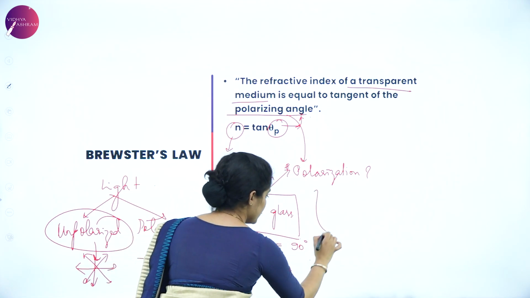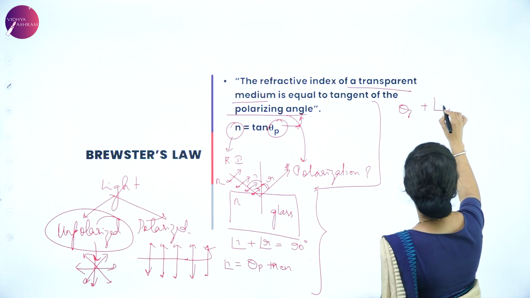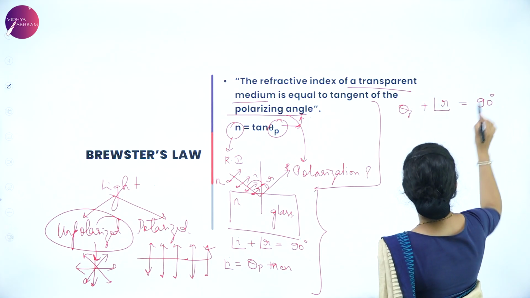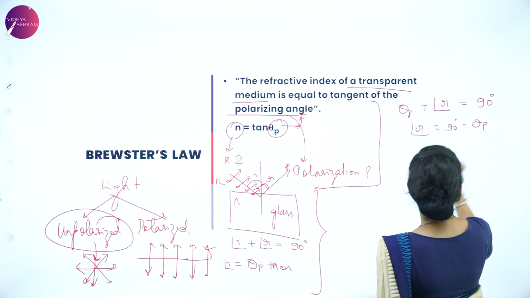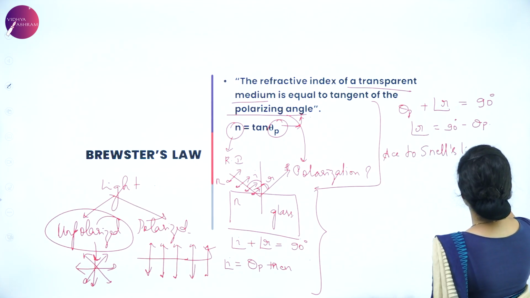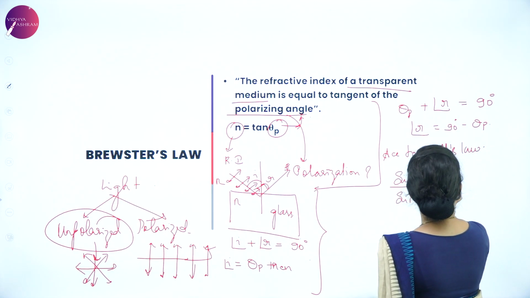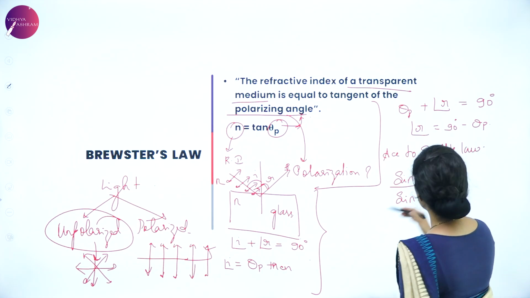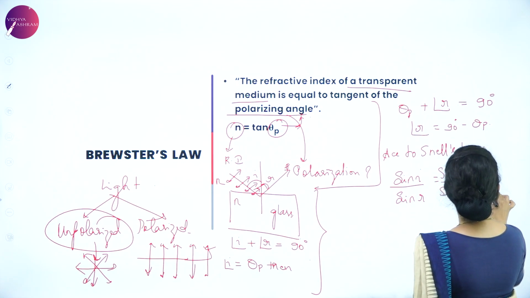Then the equation turns out to be: polarizing angle plus angle of refraction is equal to 90 degrees. Now the angle of refraction is 90 degrees minus theta p. According to Snell's law, the ratio of the sine of the angle of incidence to the sine of the angle of refraction is sine theta p divided by sine of 90 degrees minus theta p.